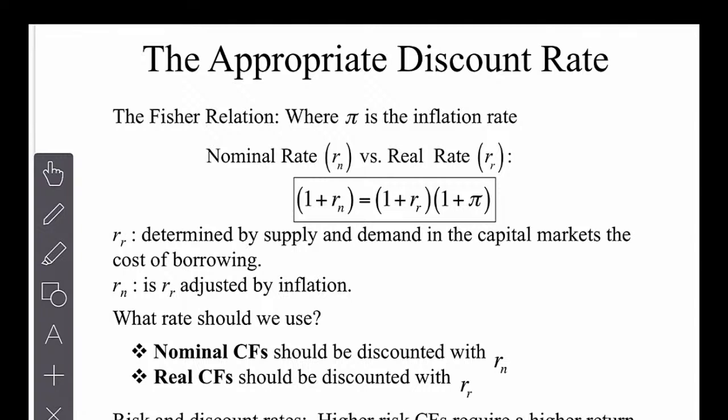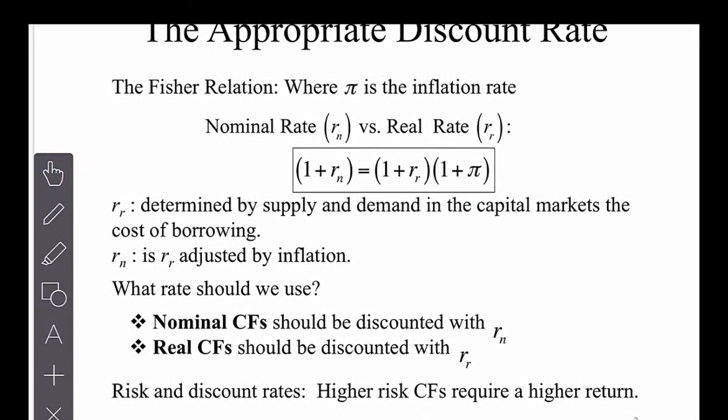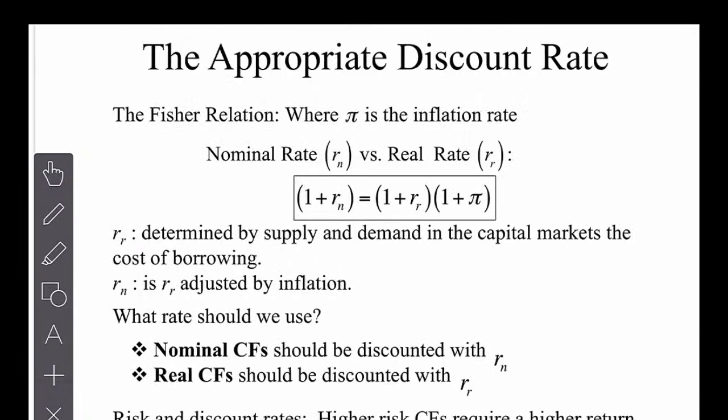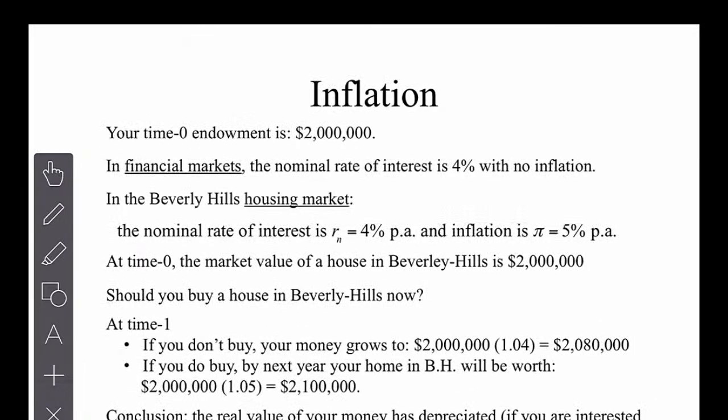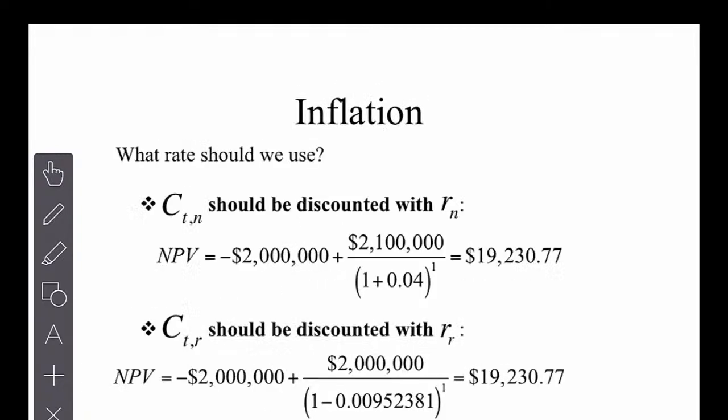I also showed you the relationship between real and nominal cash flows. And I have an example now that I want to use to illustrate. I think you really got the idea, but I want to show you how we can visualize this.